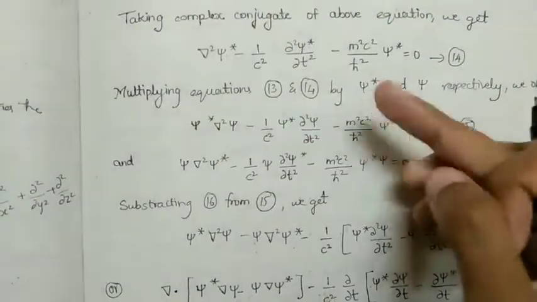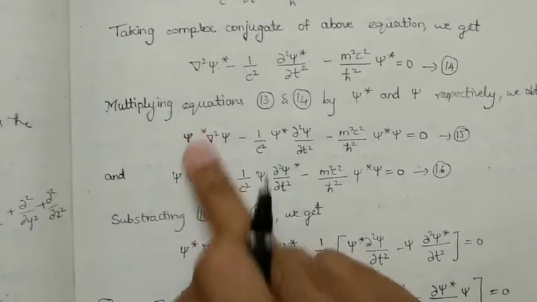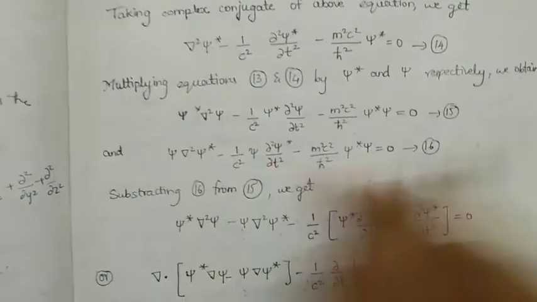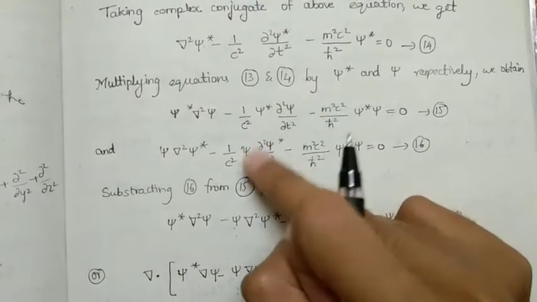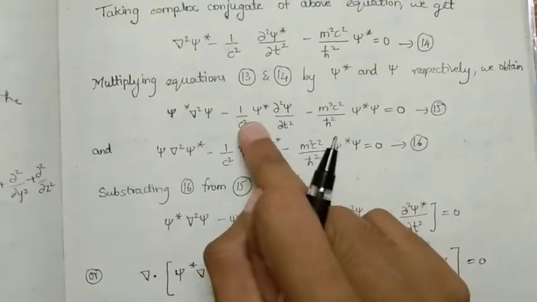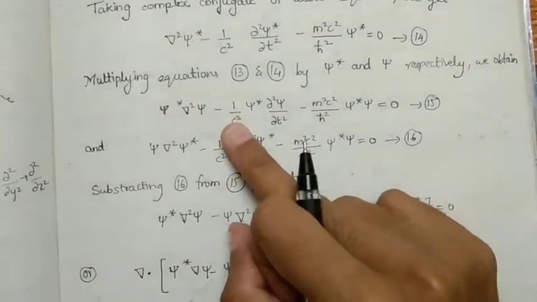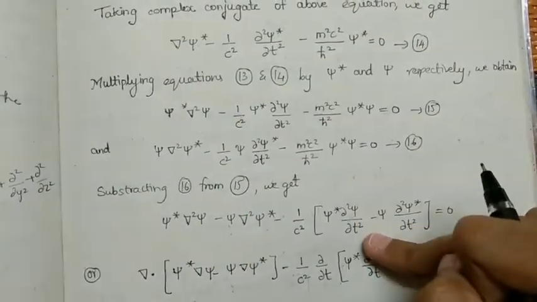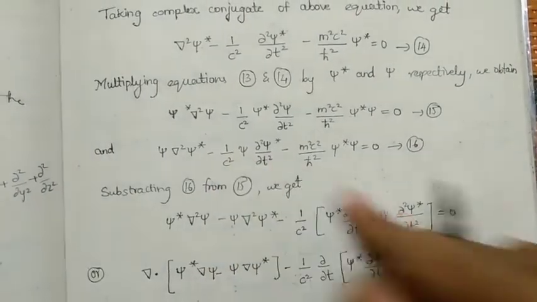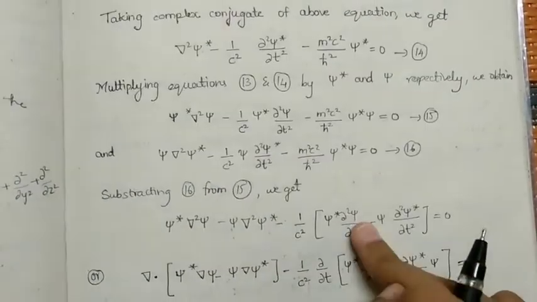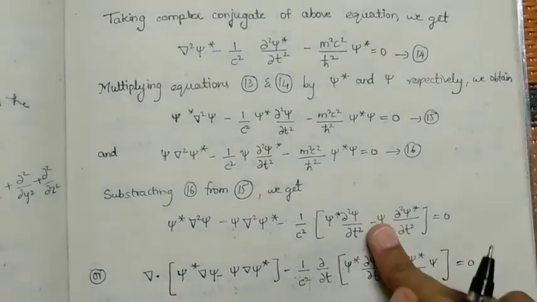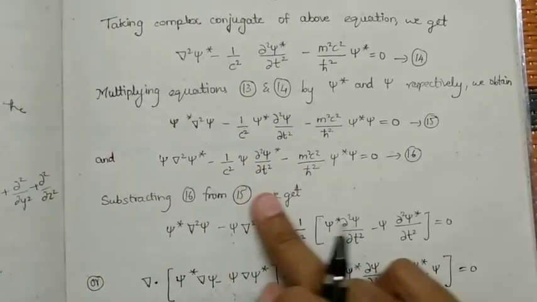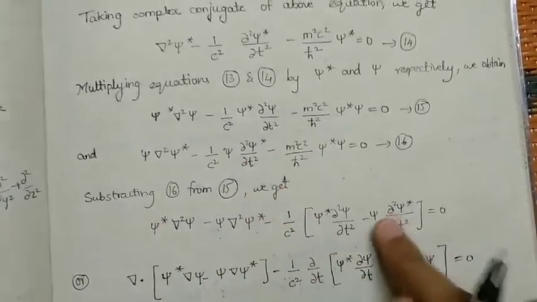The corresponding terms are xi star del square xi minus xi del square xi star, and taking minus 1 by c square common, into xi star dou square xi by dou t square, and because minus into minus is plus, here minus of this minus, 1 by c square xi into dou square xi star by dou t square.